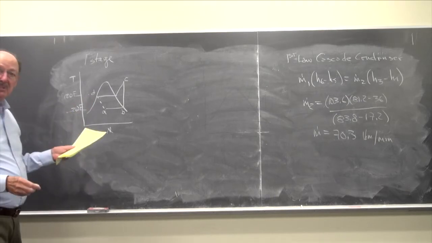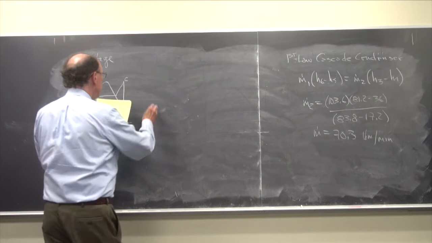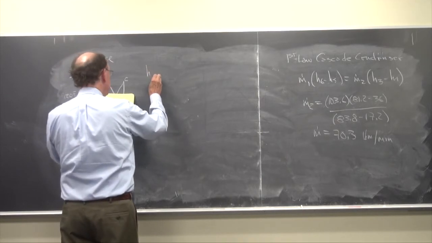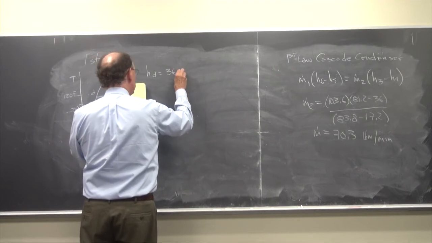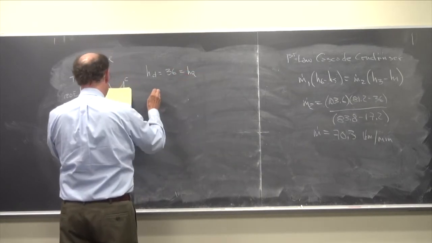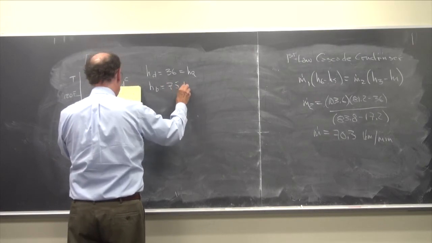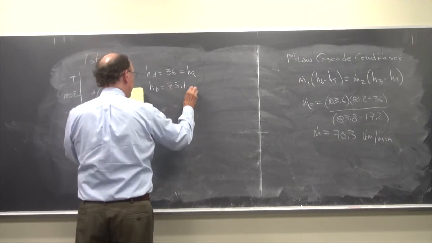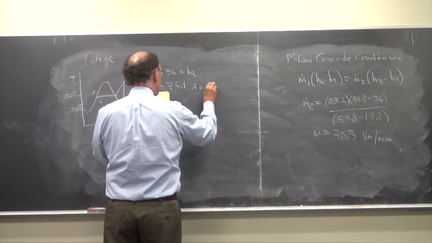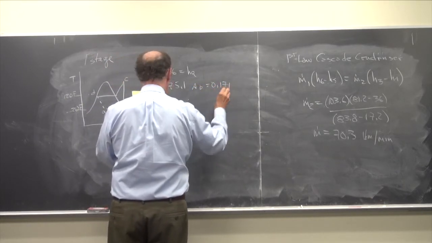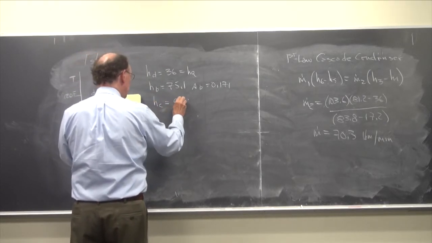So that establishes the temperature limits on this. And if I go through this, HD is equal to 36, is equal to HA, HB is equal to 75.1, SB is equal to 0.171, HC is equal to 93.8.